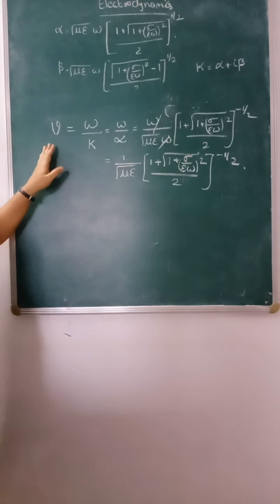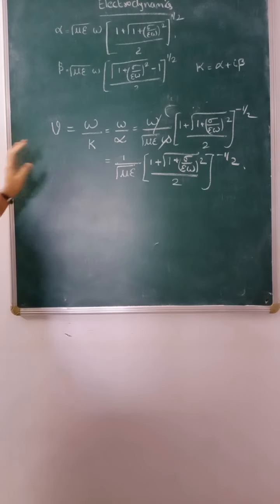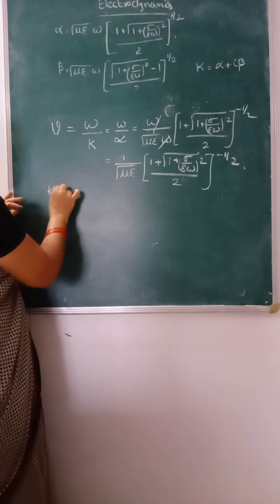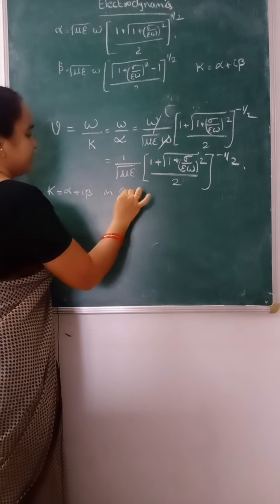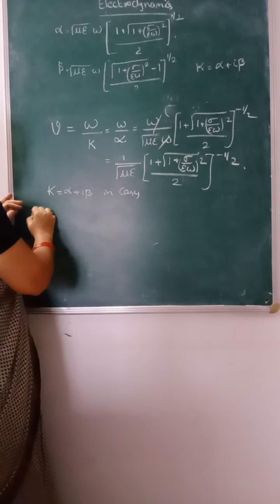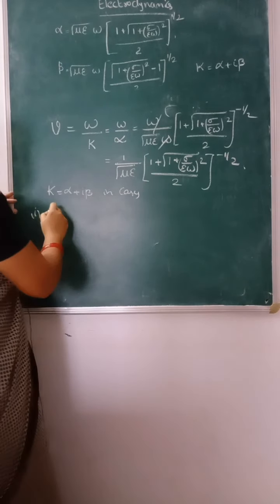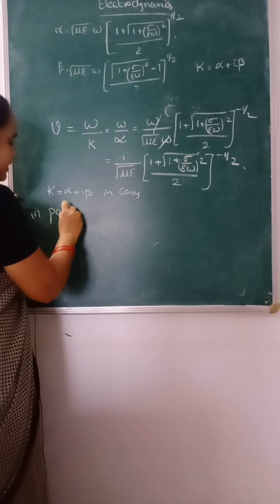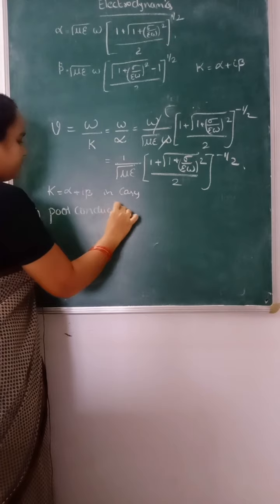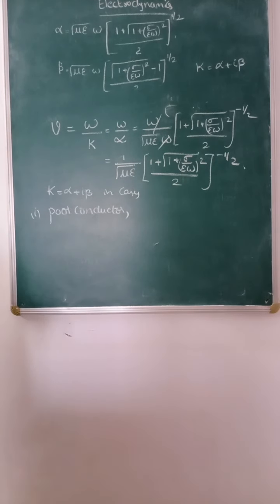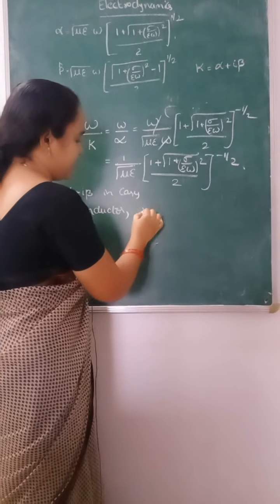Now, how is this plane electromagnetic wave propagated with K equal to alpha plus i beta in two particular cases. This conducting media may be a poor conductor or a good conductor. If we consider this media is a poor conductor, the conductivity is very less, that is, sigma is very less.